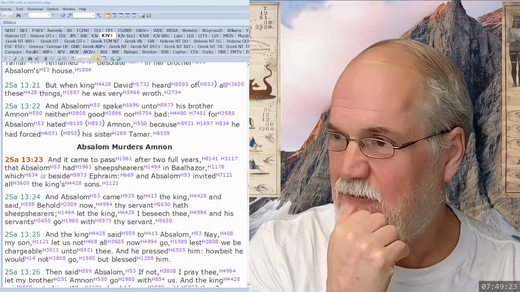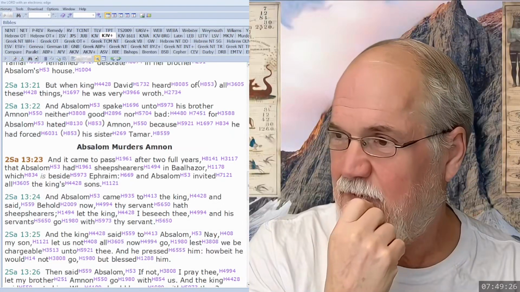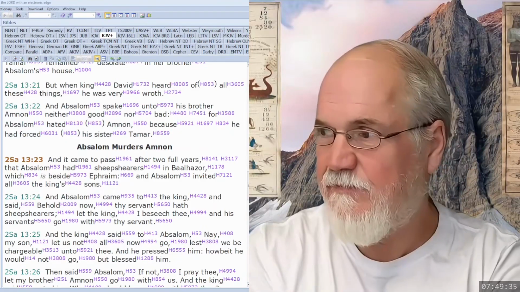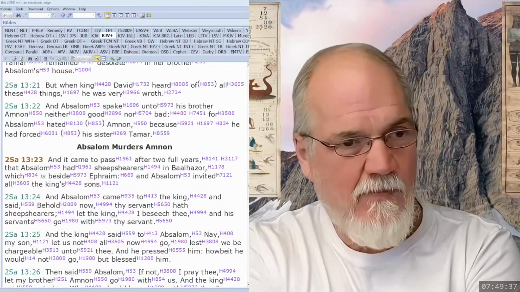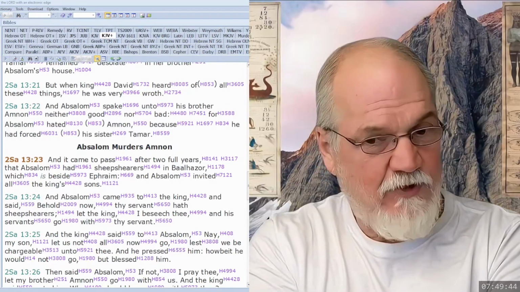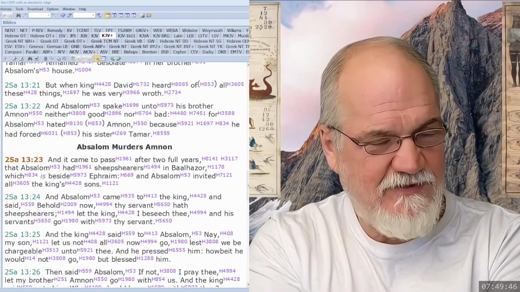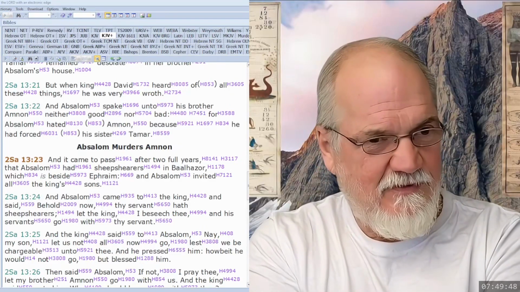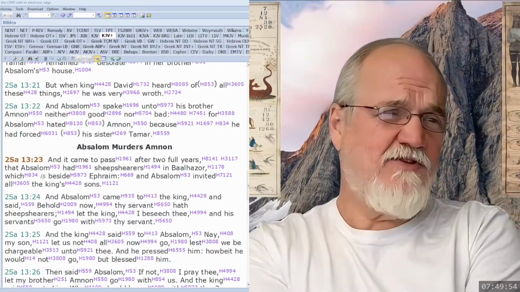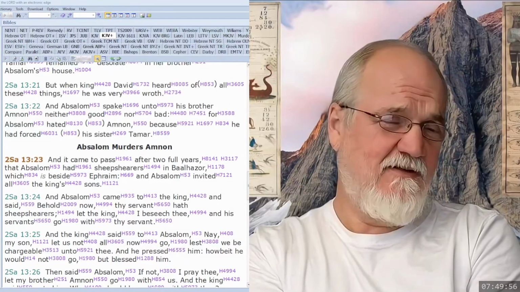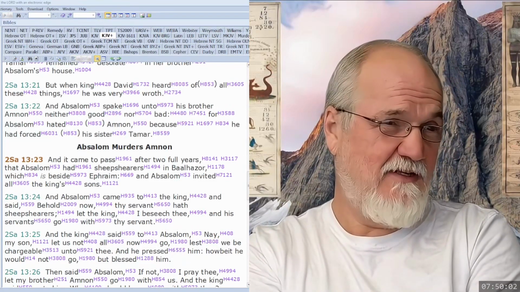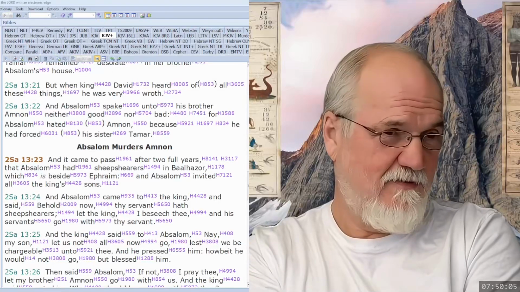Normally, under the law that was given to Moses, if a woman is raped, the rapist has the choice of marrying the woman. But he couldn't do that with his half sister. Or he is to be put to death. So we have Amnon representing FFA. So we have Absalom representing what?